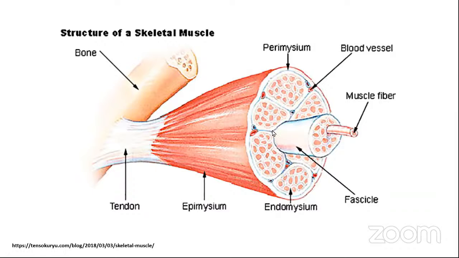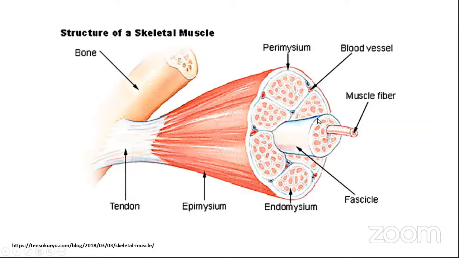Now, if you see the cross section of the muscle, the outer covering of this muscle is called epimysium. Within each muscle, you can see many bundles. Each bundle is called a fascicle.